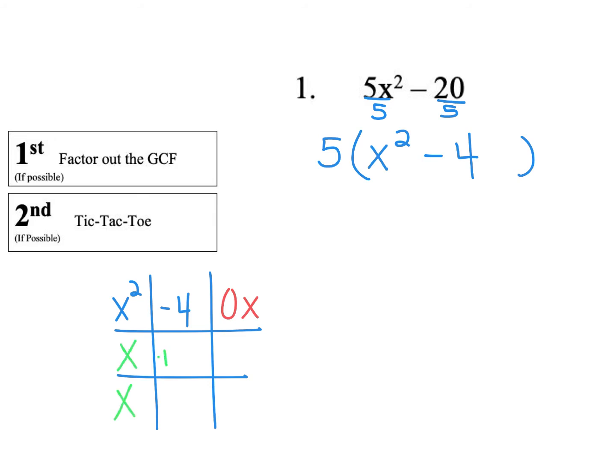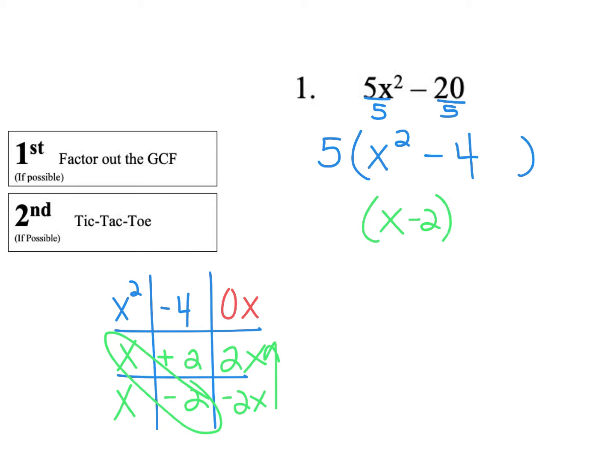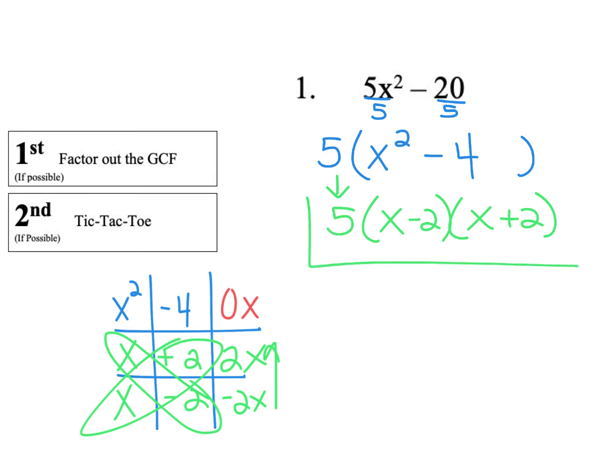Factors of negative 4, one has to be positive and the other negative, and I'm going to try 2 times 2. So this would be 2x, and negative 2x does add to 0. So one factor is x minus 2, and the other is x plus 2. Don't forget to bring down your 5 for your final answer. Again, if I would multiply this all back together, I get what I started with.